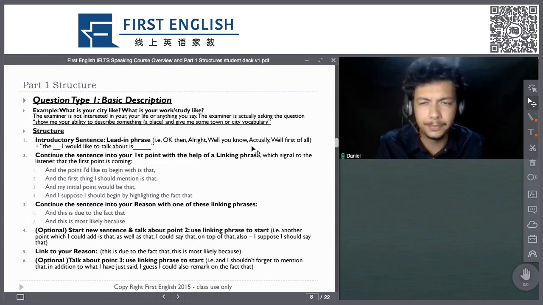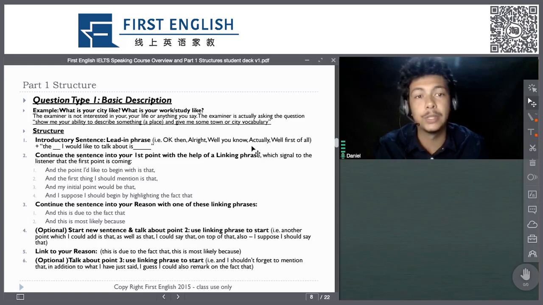So first and foremost, you're going to want to have an introductory sentence. Instead of straight up going into your answer and saying, I am from this city, you want to introduce or signpost or kind of segue what you're going to say into your first point or into the first content of your answer. An example of that introductory sentence or lead-in phrase could be something very simple like, well, okay then, well, first of all, which again kind of signifies that you're beginning your answer.